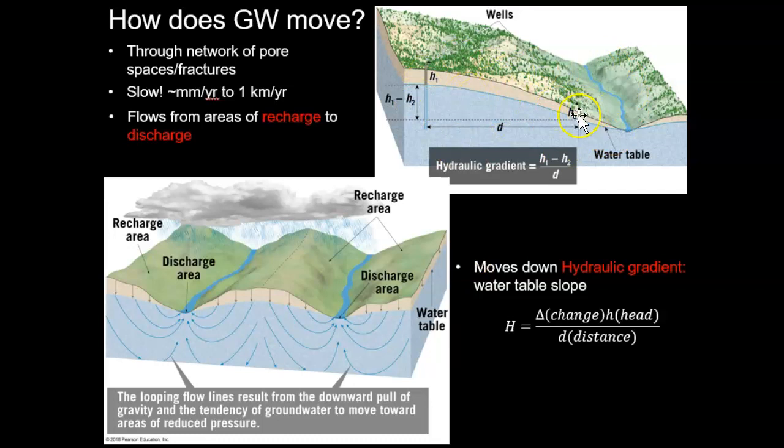So if you're trying to calculate the hydraulic gradient between this location and this location, the elevation of the water table at H1 minus the elevation of the water table at H2, over the distance between those two measurements, is going to give you the hydraulic gradient.